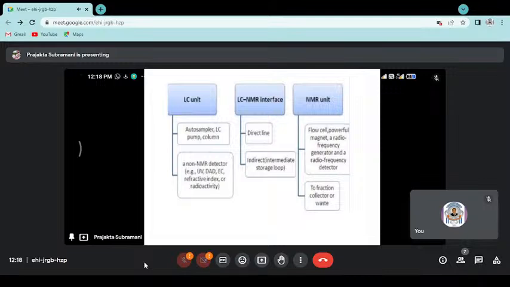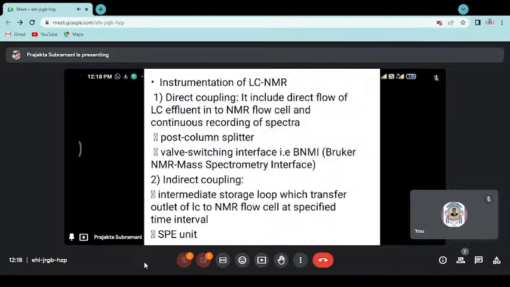Then the NMR unit, or NMR spectrophotometer, detects the compounds which are separated by the HPLC.